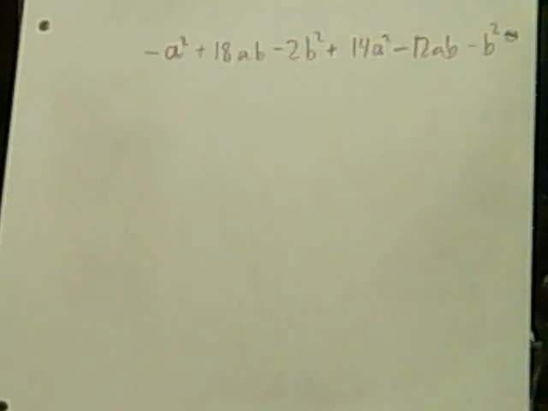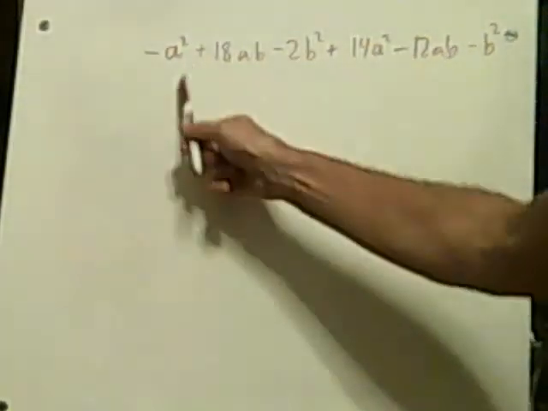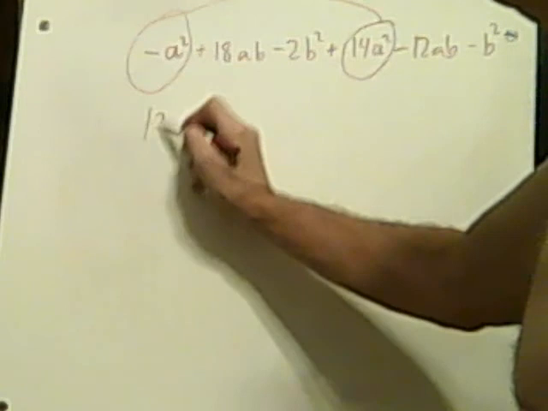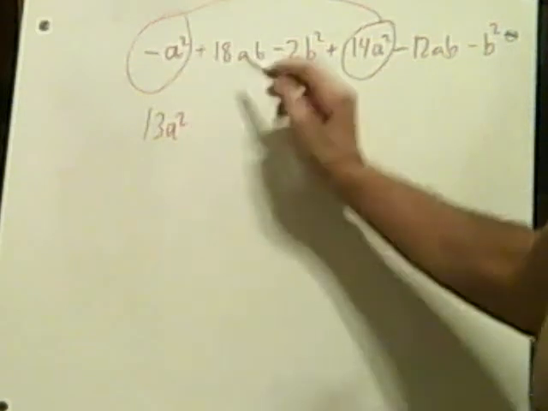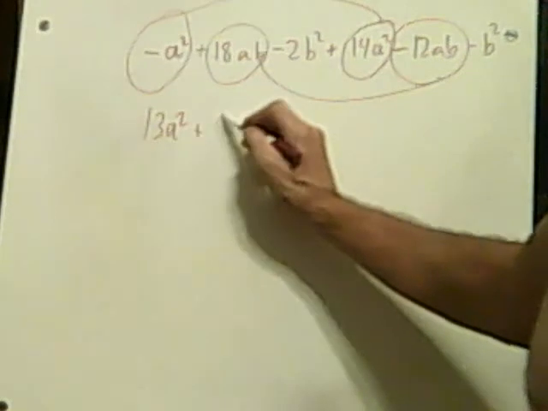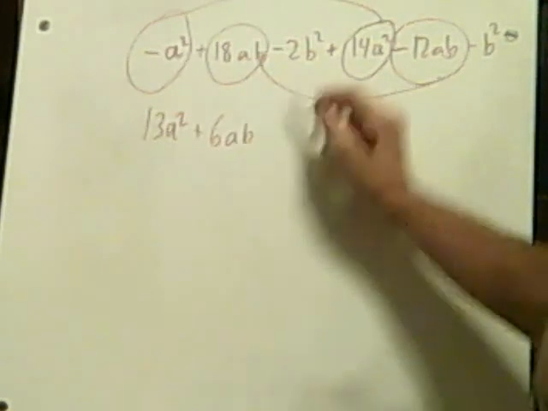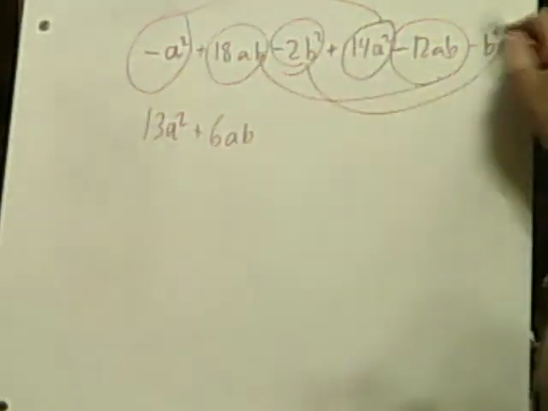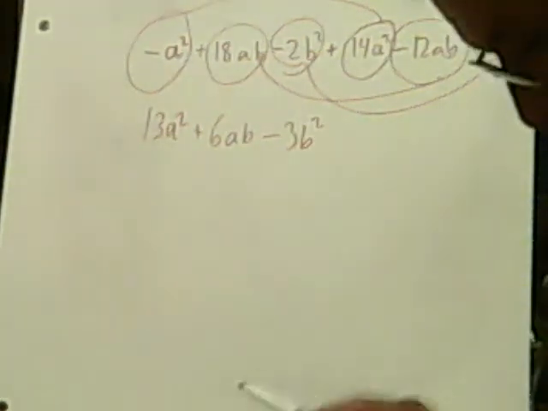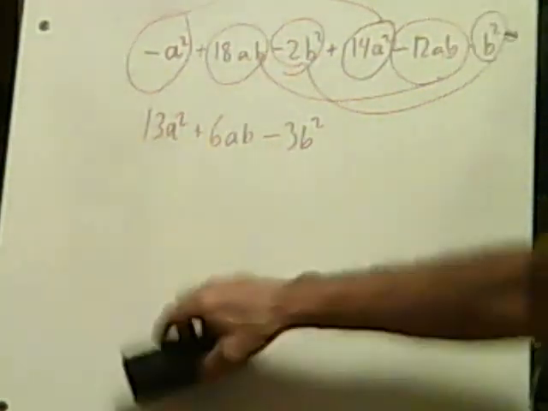A lot of terms there, but let's just see. Negative a squared and 14a squared is going to give 13a squared. 18ab minus 12ab is going to be 6ab. And then negative 2b squared and negative b squared is minus 3b squared. So that's like terms. 6 terms become 3 terms.